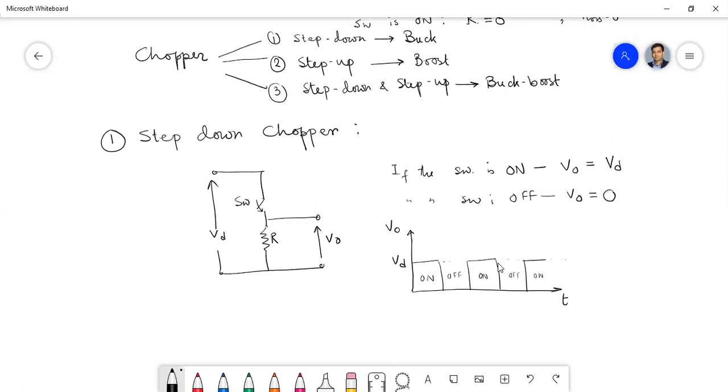So this is how we are periodically switching on and off. The on state has a time of t on, the off state has a time of t off, and the time period after which I repeat this sequence is T.